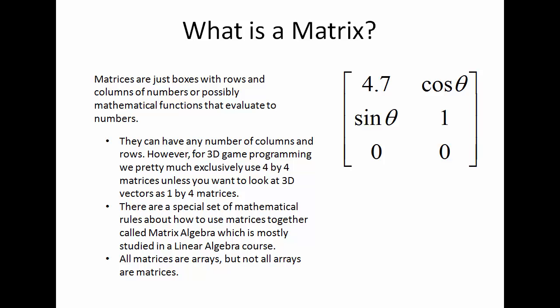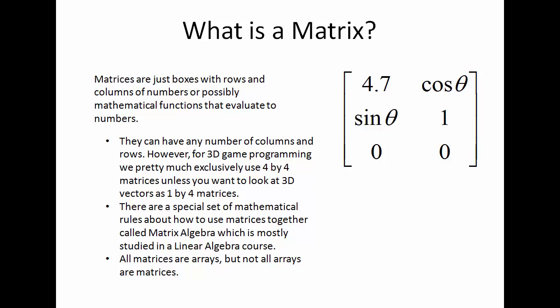All matrices are arrays, but not all arrays are matrices. So you'll notice in the example on the right, I have not only integers and real numbers with decimal places, but I also have functions like sine and cosine.